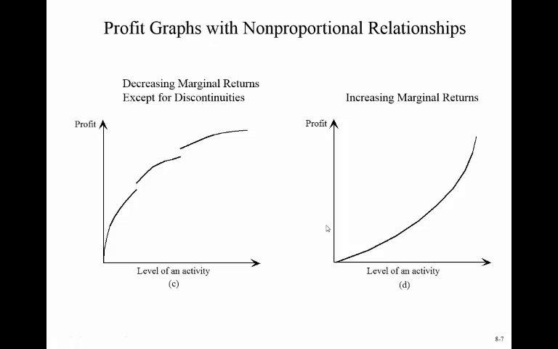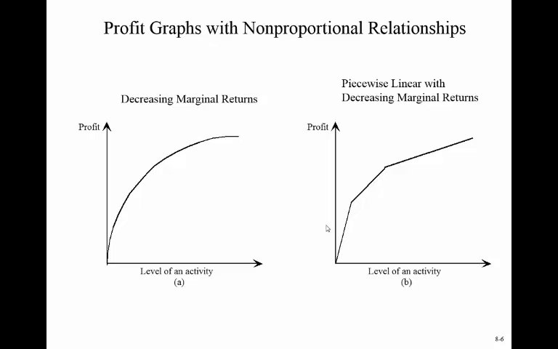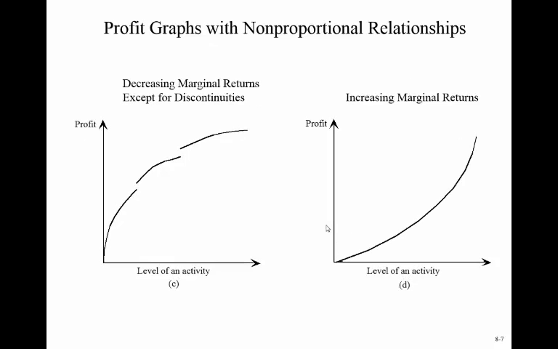The one on the left here is another example of decreasing marginal returns. It's just that in this case, you've got what are called discontinuities. That is, there's no smooth transition. Once you get to this level of activity, if you produce one tiny bit more, then you incur a jump up to the next level.